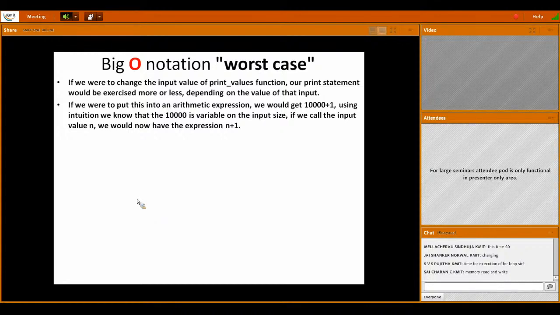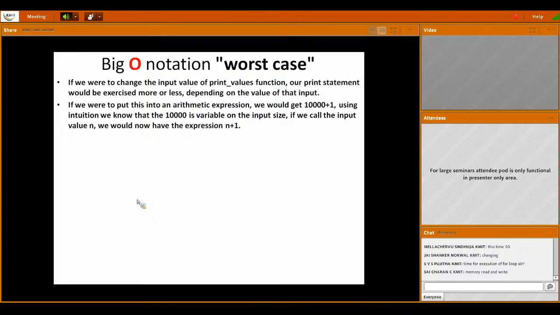If we call the input value n, we now have the expression reduced to n plus 1 times, right? Compared to 10,000, 1 being insignificant, we can easily bring down our approximation to n.